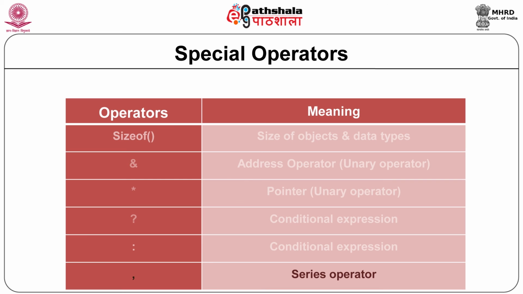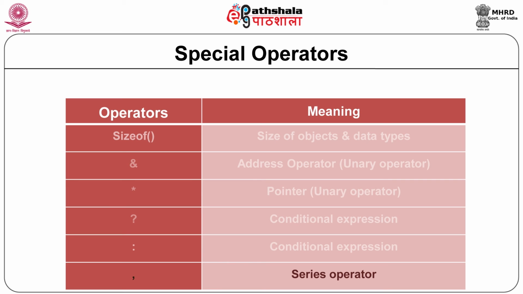The sizeof operator is used for finding the memory space allocated for each C data type. Then the address operator, that is a unary operator, is used to specify the address of a variable.